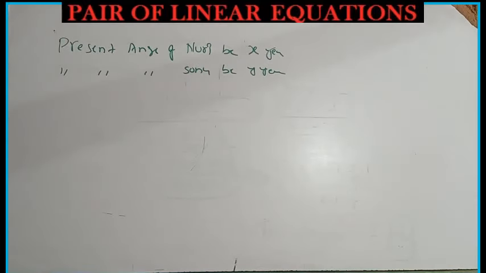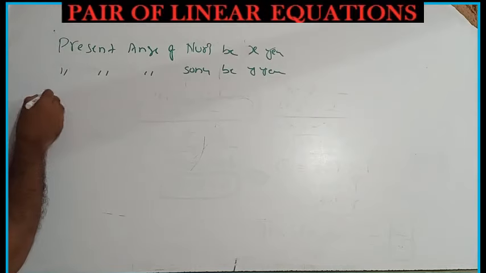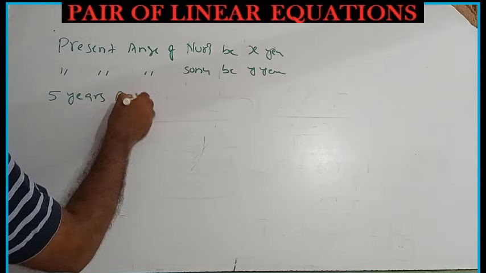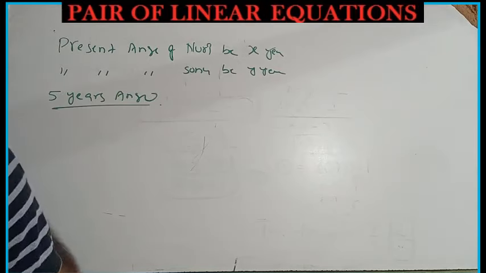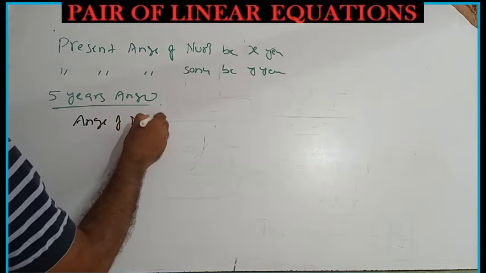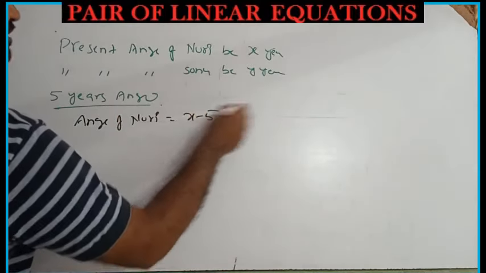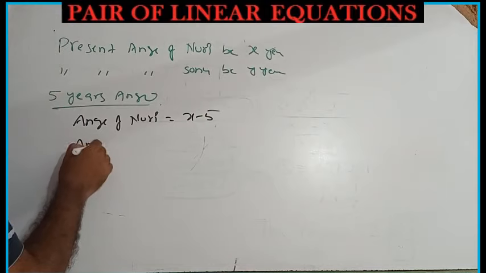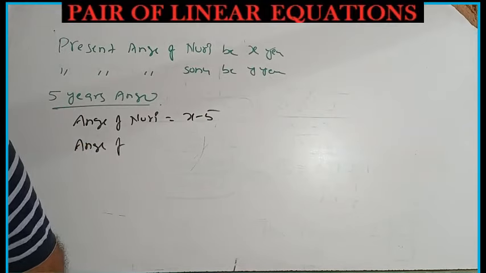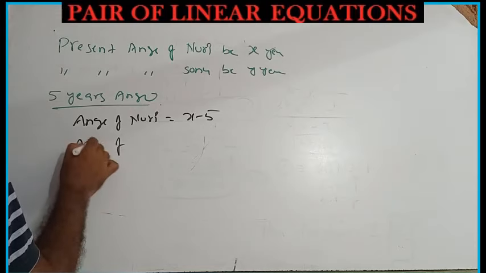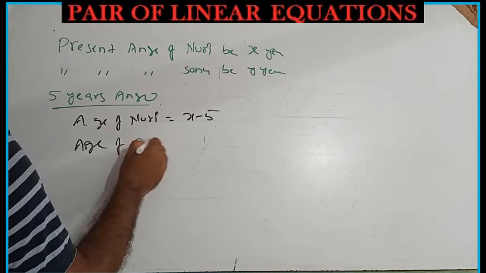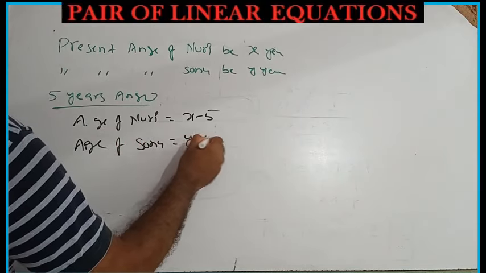According to the problem, 5 years ago, age of Nuri equals x minus 5, age of Sonu equals y minus 5.